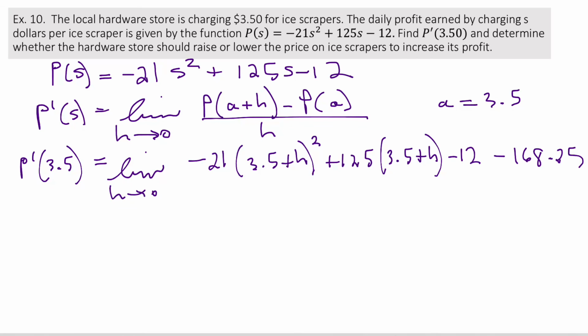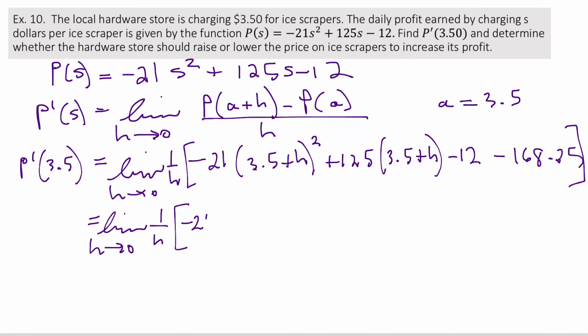Okay, so now I got to simplify this a little bit, and I need my h on the bottom. I'll put it out here. All right, so that's the limit as h approaches 0 of 1 over h times negative 21 times 3.5 squared, that's 12.25, plus 3.5h plus 3.5h, that's 7h, and then h times h is h squared.